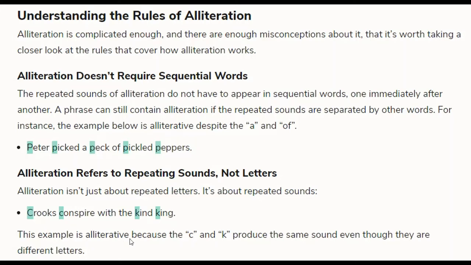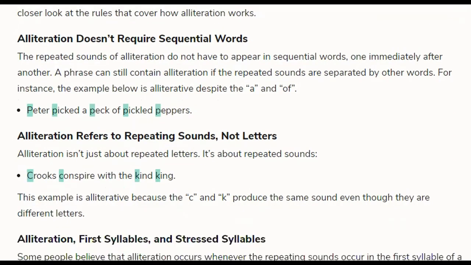This example is alliterative because the C and K produce the same sound even though they are different letters. So I hope you will keep this rule in mind always. Now I want to tell you more. So come forward.